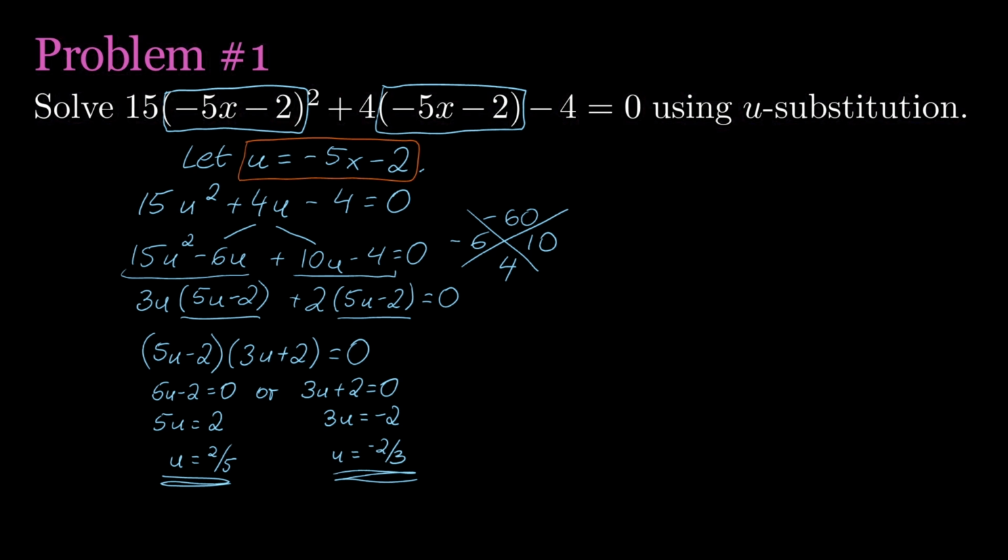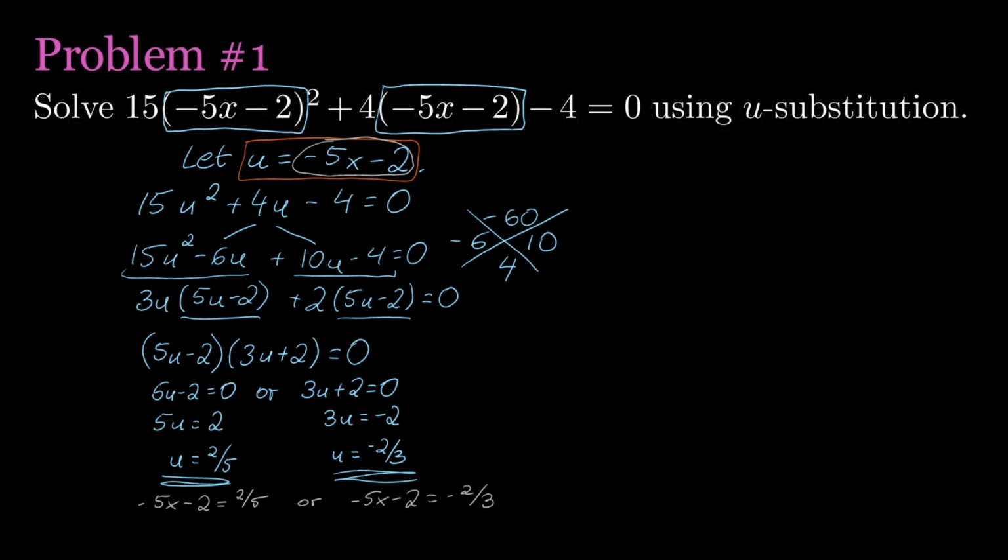So every instance of u in the statement of the u solutions will be replaced by negative 5x minus 2. So we're going to have negative 5x minus 2 equals 2/5, or negative 5x minus 2 equals negative 2/3.